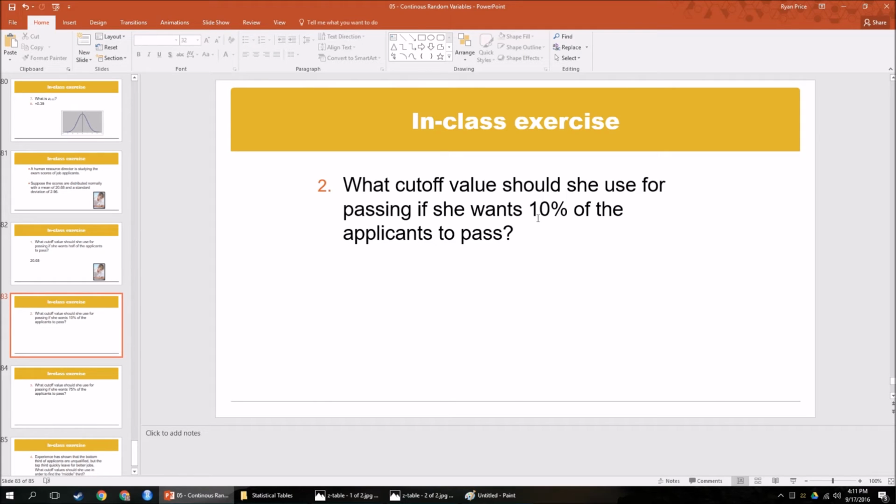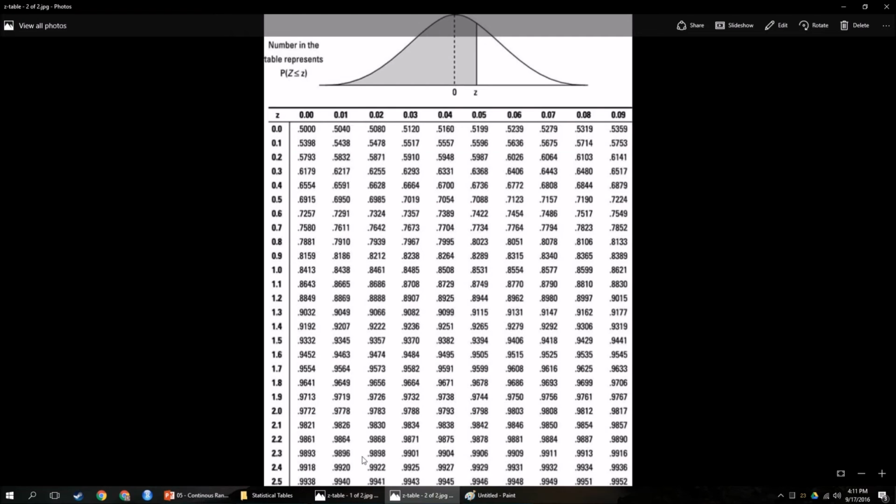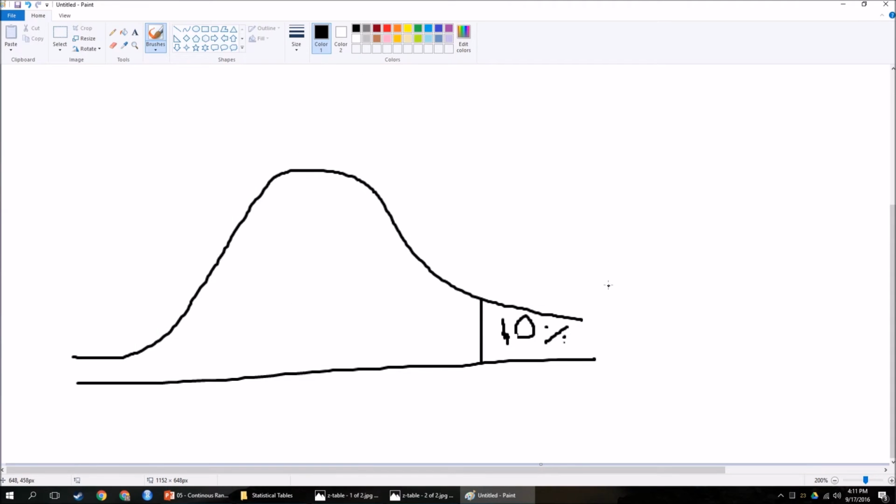Okay, now we're asked to figure out what cutoff value we should use if we want 10% of the applicants to pass. If we want 10% of the applicants to do better than some score that we can set. Okay, so what that means, I think I have it drawn here. Yep. And forgive my drawing here because I'm doing this in Microsoft Paint with my mouse, and my mouse doesn't really like to be clean.